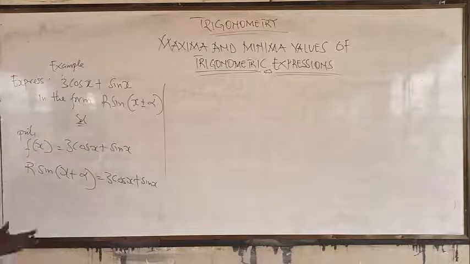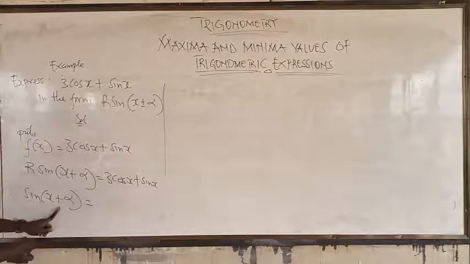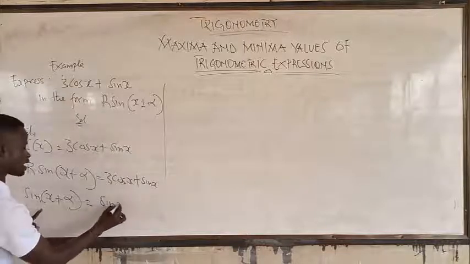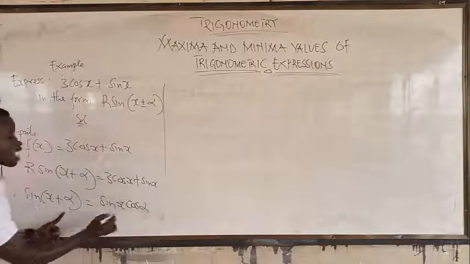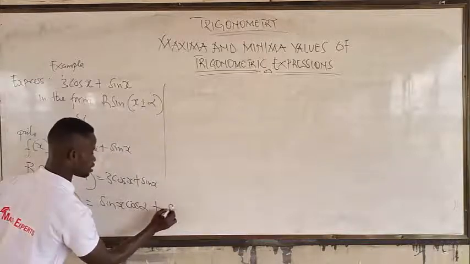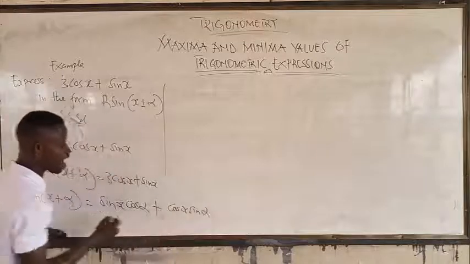The reason is just simple. Watch. When you express sine x plus alpha, you don't change this sign. So you get sine x cos alpha plus cos x sine alpha.